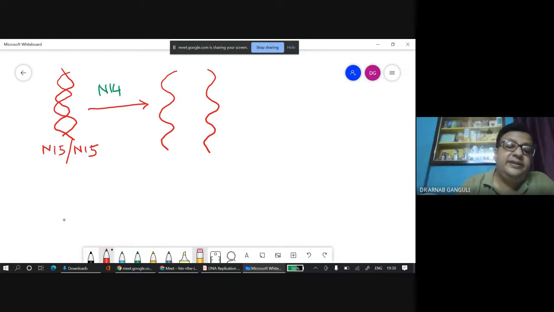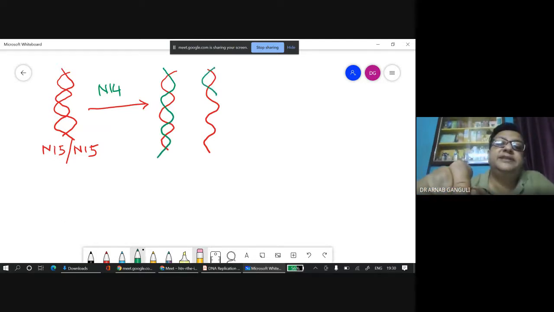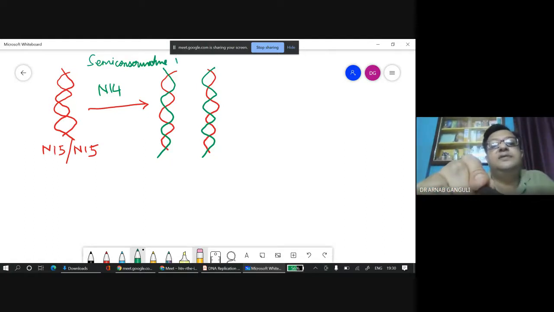And now on the top of this, a new strand, N14 strand, is synthesized. This is the semi-conservative mode.